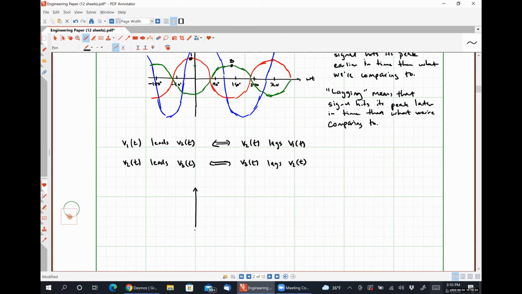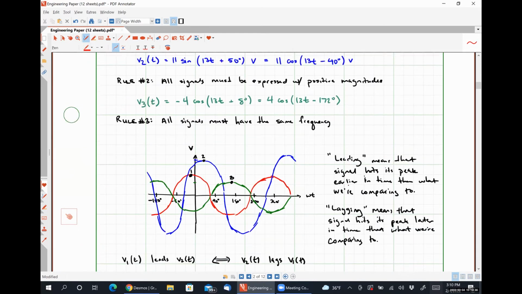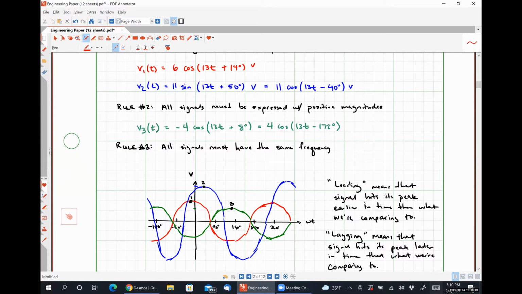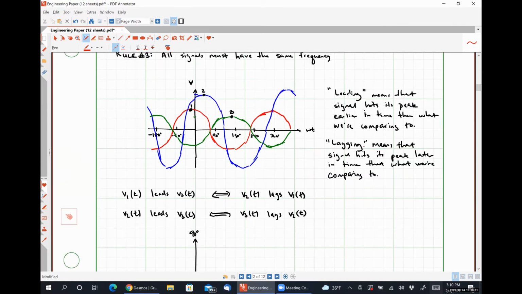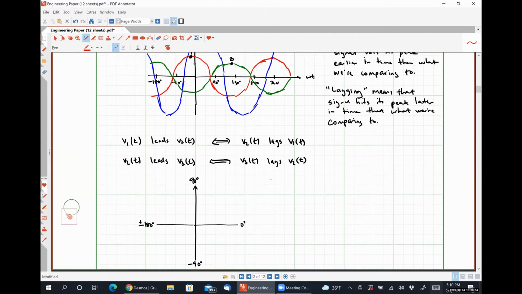So a phase diagram of our three signals would look something like this, where this axis is 0 degrees, up here is 90, over here is plus or minus 180, and down here is negative 90. Our first signal was V1, which is 6 with an angle of 14 degrees. So that would look something like this.